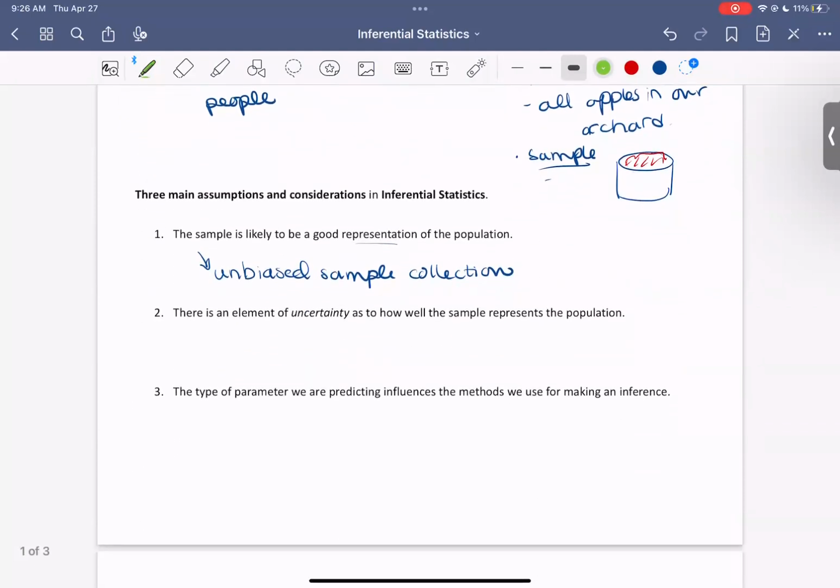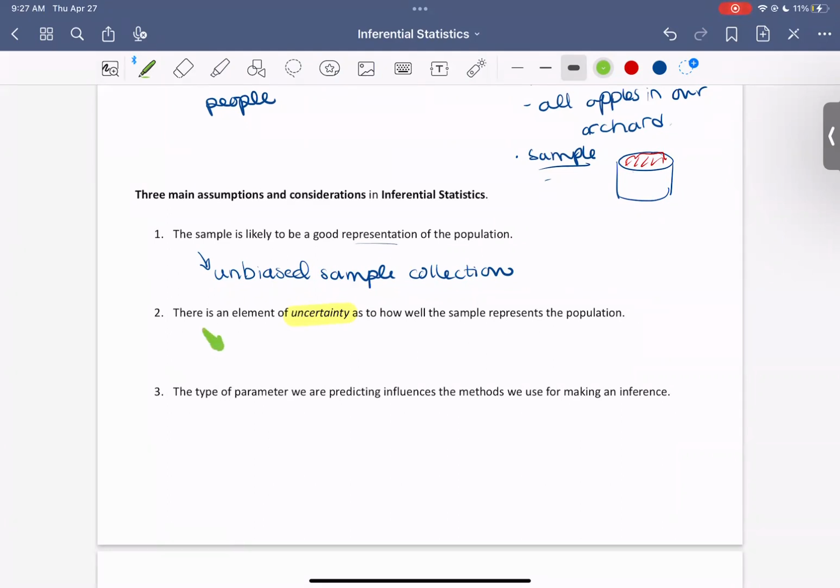Number two, there's an element of uncertainty as to how well the sample represents the population. Because we're collecting data on just a subset of the population, we are going to get differences in the sample statistics that we calculate from different samples.